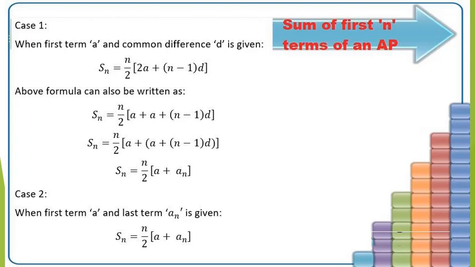So, we will replace a plus (n minus 1) d by an. So, our formula becomes Sn equals n by 2 times (a plus an). That's our case 2. It means we will use this formula when the first term a and the last term an are given.